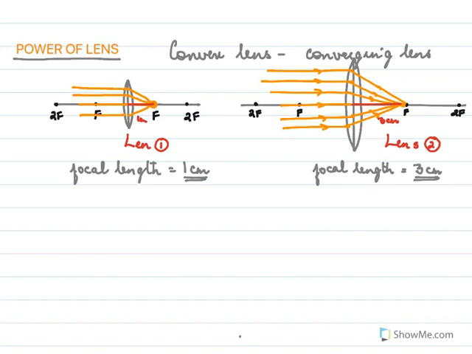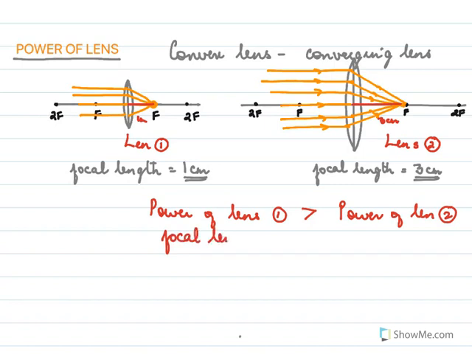So the power of lens 1 is greater than power of lens 2, because lens 1 converges light much faster than lens 2, and the reason is the focal length of 1 is less than focal length of 2.